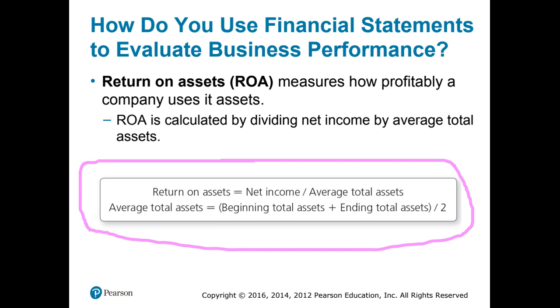And then to find your average total assets, you need to take the beginning total assets plus the ending total assets, and then divide that by 2. And that will give you your average total assets. So you kind of need to know this equation in order to be able to complete that one. So just note both of those. And that is it.